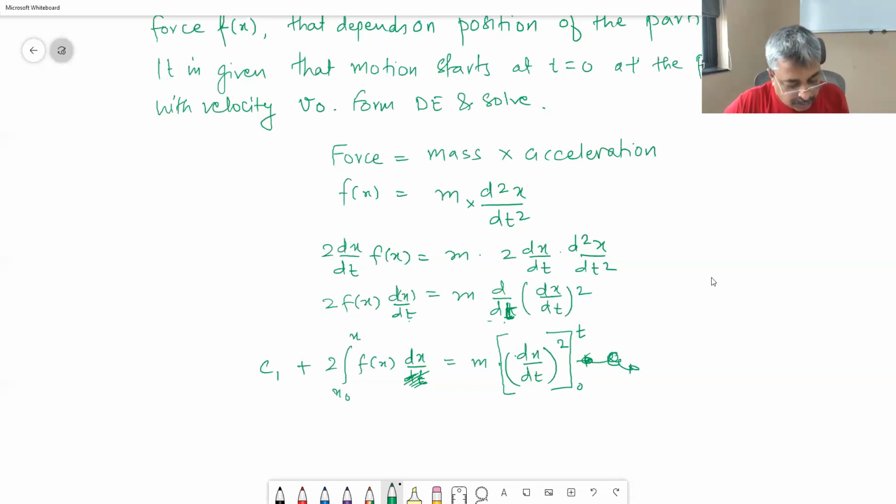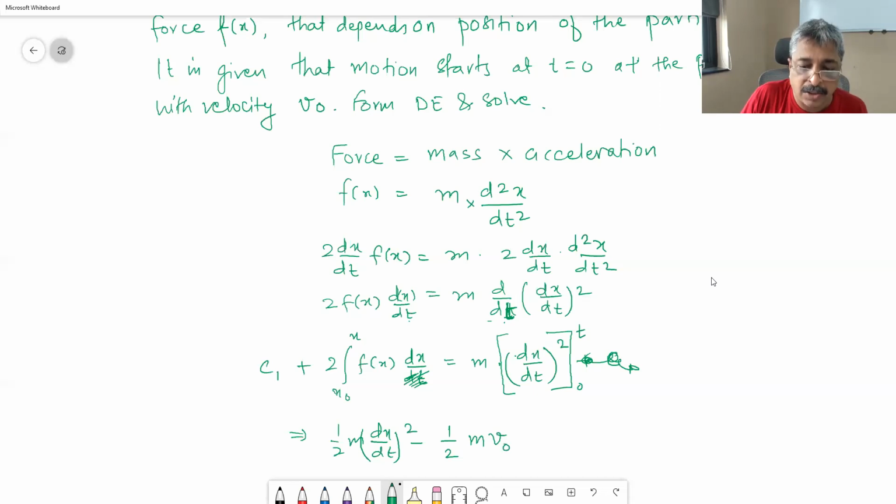Okay, so if this is the case, then what we are getting is half m (dx by dt) square minus half m v naught square is equal to integral x naught to x f of x dx.